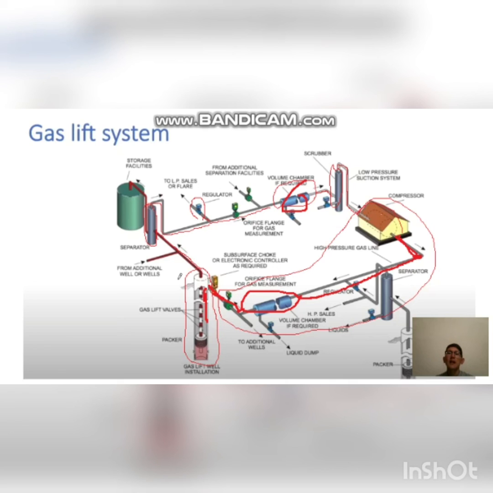But on gas lift system we have advantages and disadvantages. The disadvantage is that we always have to give energy to our compressor to get high pressure gas. That's why it's hard. And the advantage is that it's a circulating system.